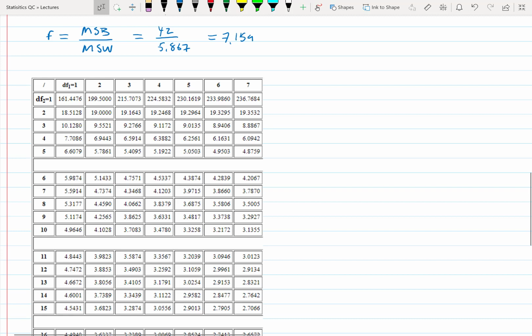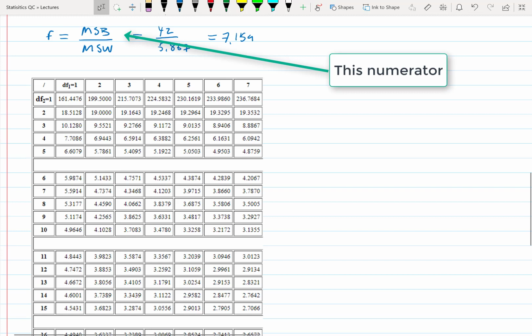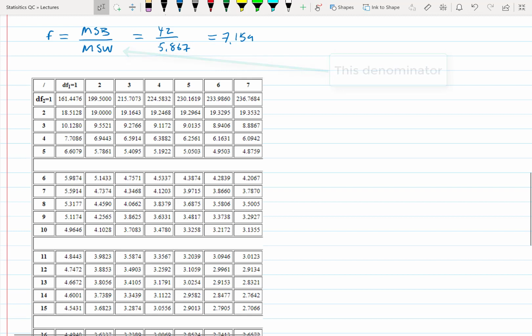We have degrees of freedom in the numerator, or the degrees of freedom for the mean square between, and the degrees of freedom in the denominator, or the mean square within. So the way that we use a table like this is generally the column is for the mean square between, and the row values are for the mean square within.